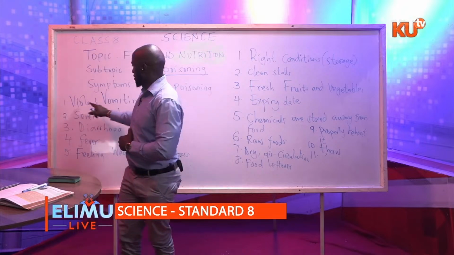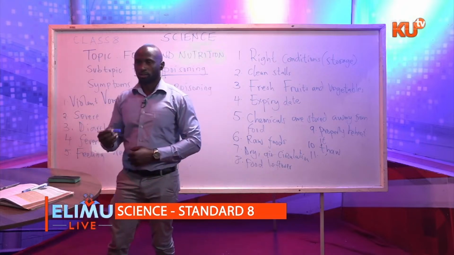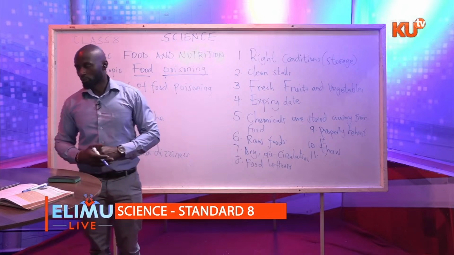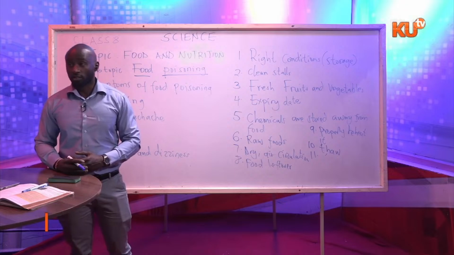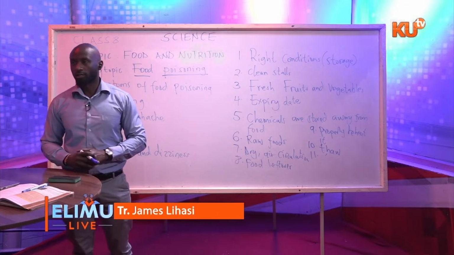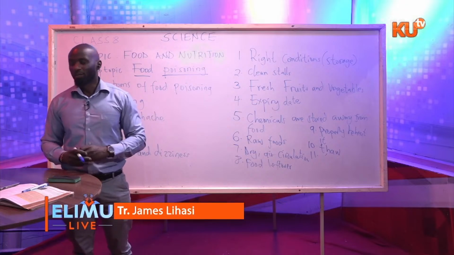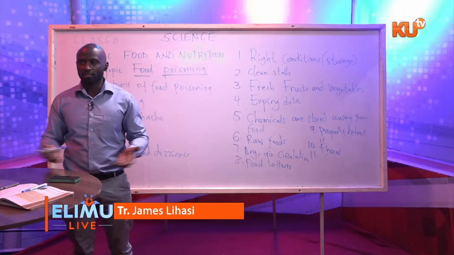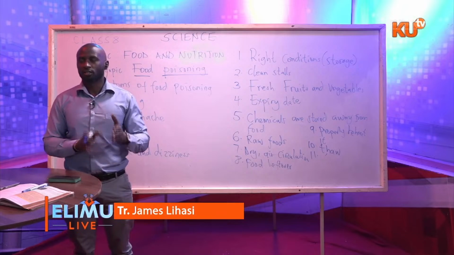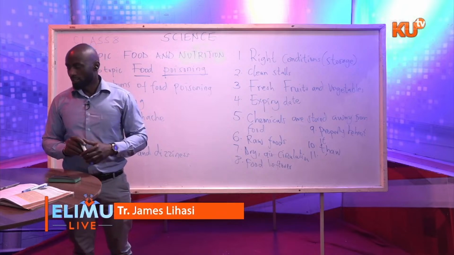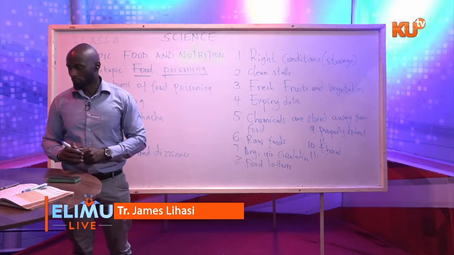This is one of the ways our body loses water, and you know how important water is in our body. Stomach aches, severe stomach aches. We also talked of diarrhea, fever, feeling weak, and dizziness. So if this happens, then the first thing is to seek medical attention as fast as possible.